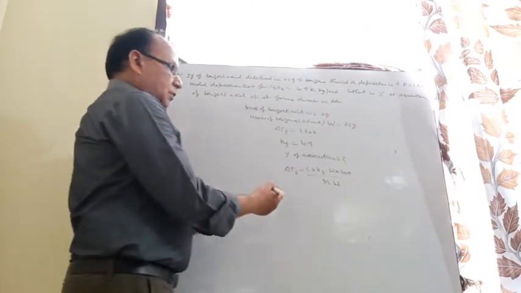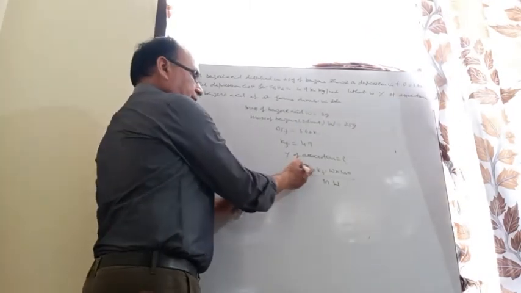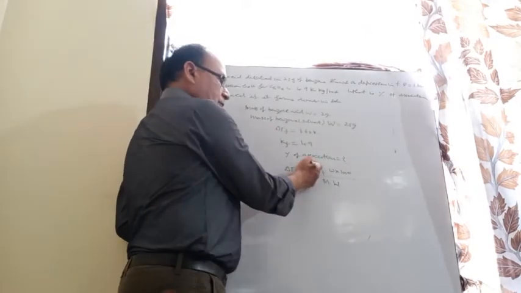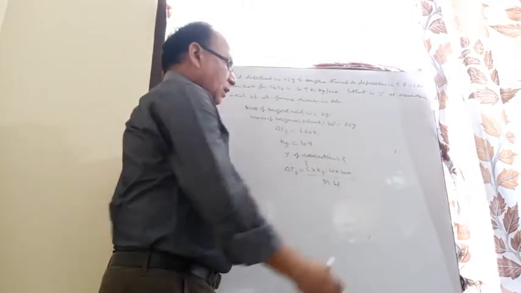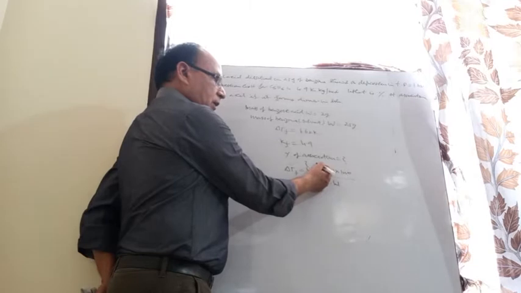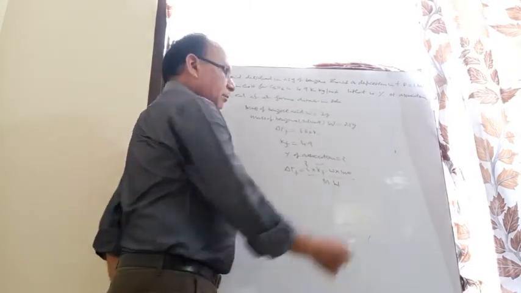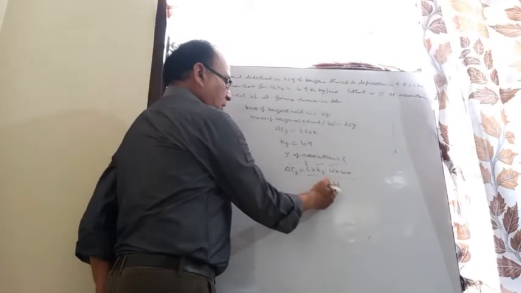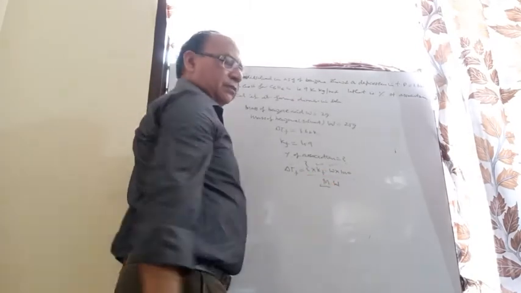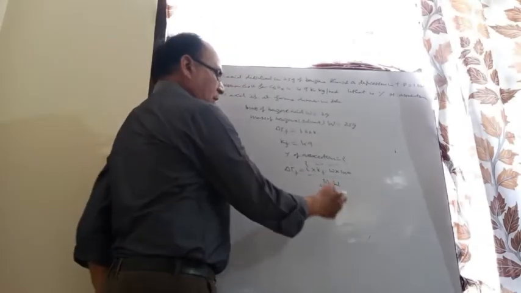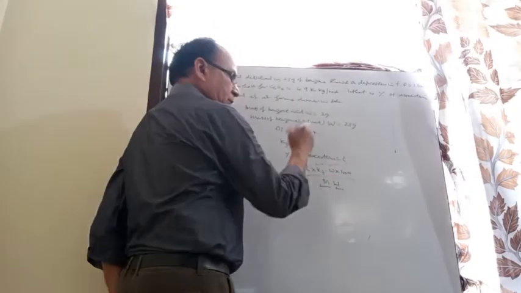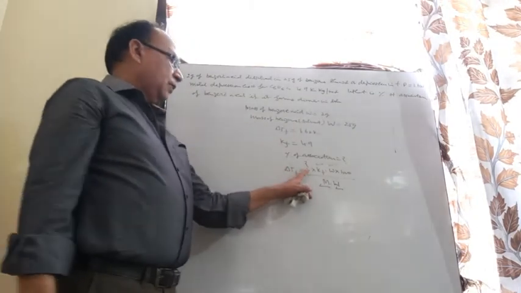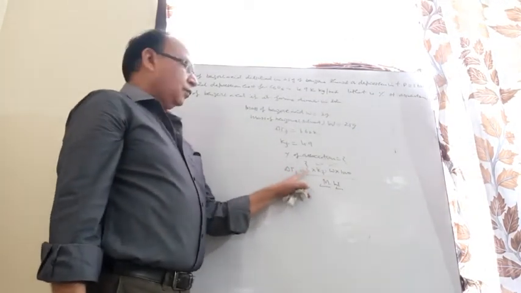So we substitute the values. Delta Tf is very clear to us, i value is to be calculated, Kf value is given, mass of solute is also given, molecular mass of benzoic acid we can calculate because we know the formula, mass of solvent is also given. So we can substitute all these values and calculate the value of i.